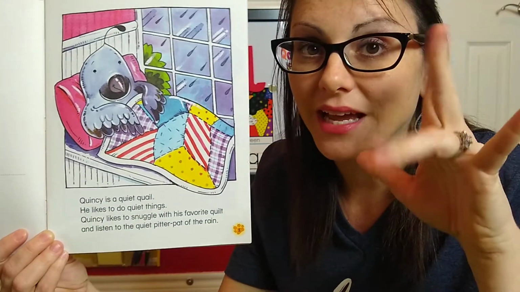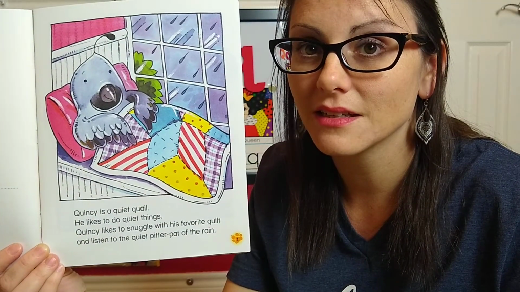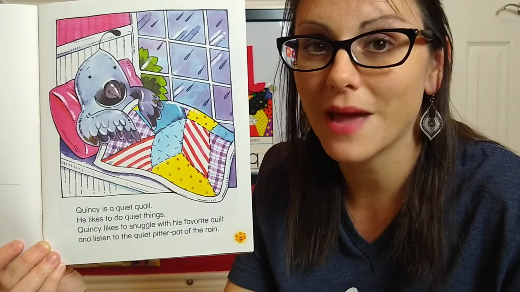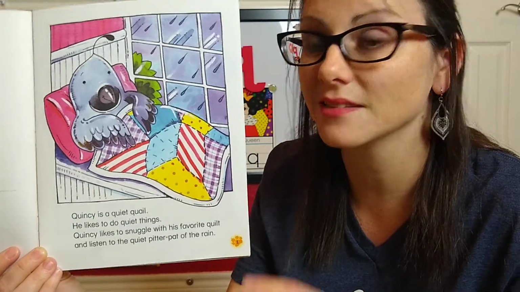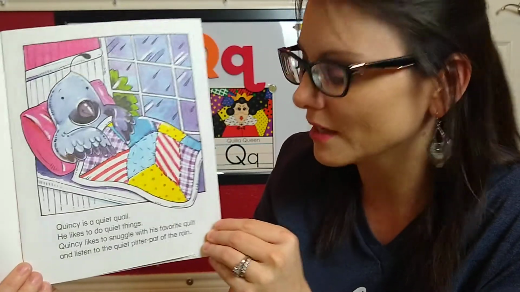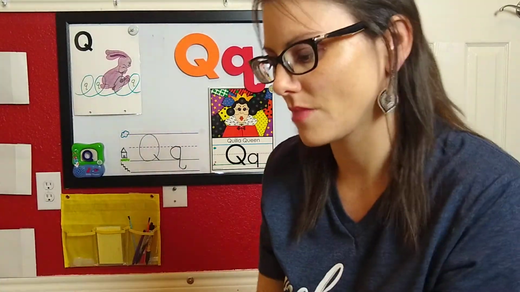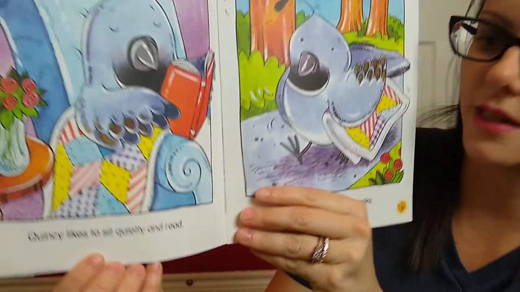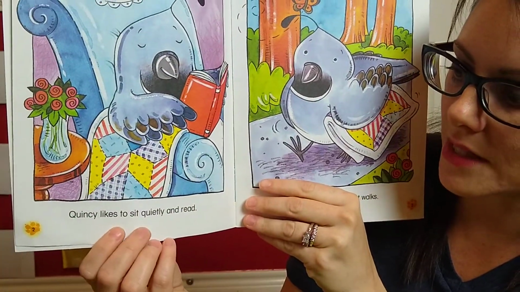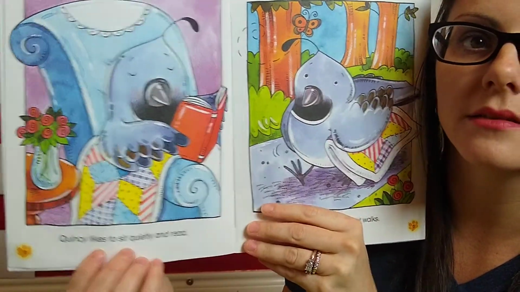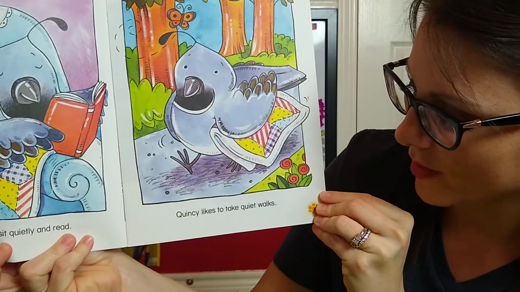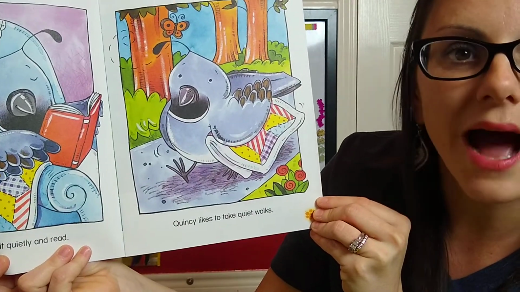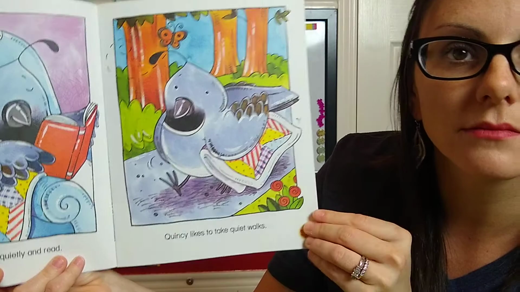So if you've ever heard the rain come down and it's pitter-pattering on the windows, he likes that. It's kind of soothing. Quincy likes to sit quietly and read. Quincy likes to take quiet walks.